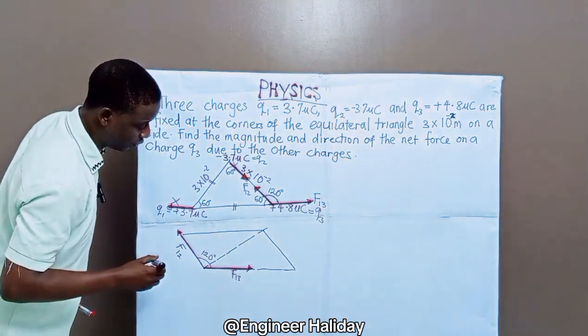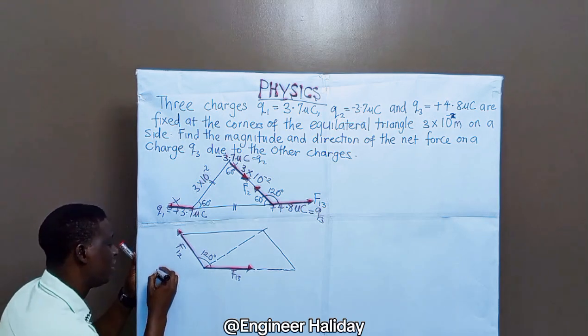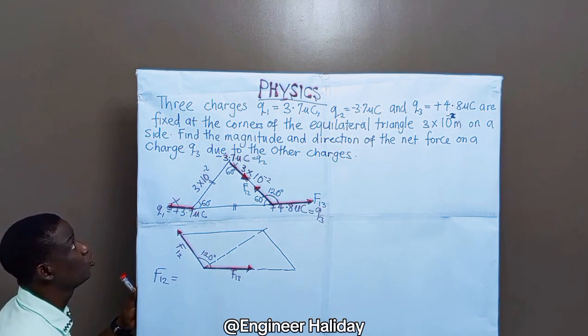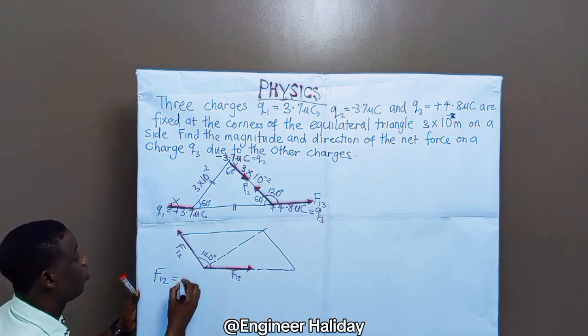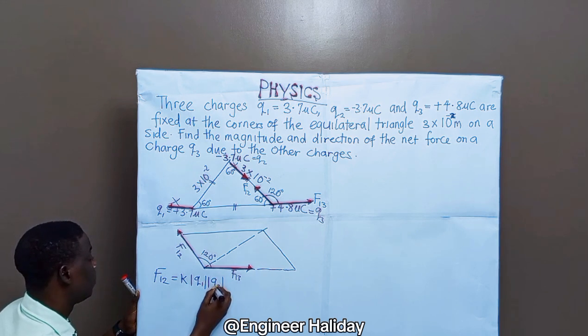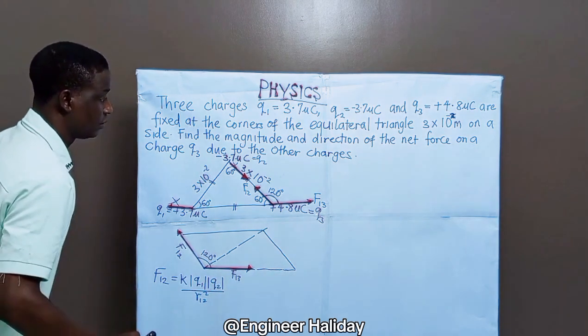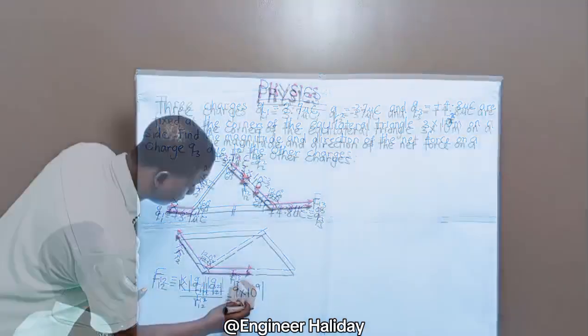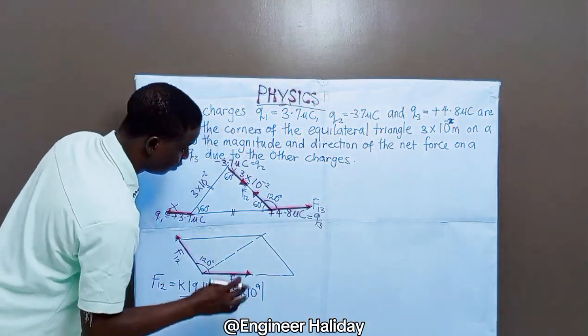Now, if you have the parallelogram, let us calculate F12. F12 will be K Q1 Q2 over R12 squared. K is 9 times 10 raised to power 9.